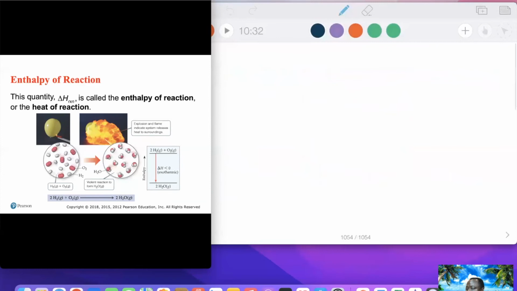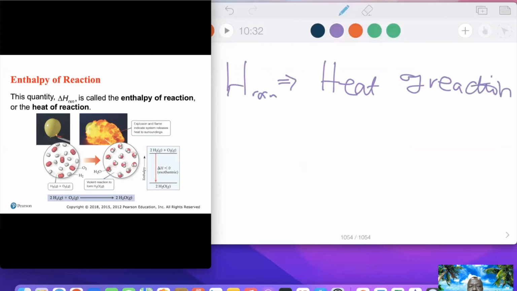Remember what I defined earlier on, that enthalpy of reaction also means heat of reaction. We have the reaction where H2O is formed when 2 moles of hydrogen gas react with 1 mole of oxygen gas to produce 2 moles of H2O.